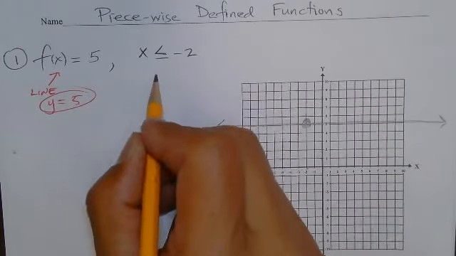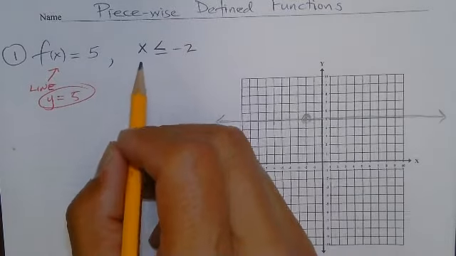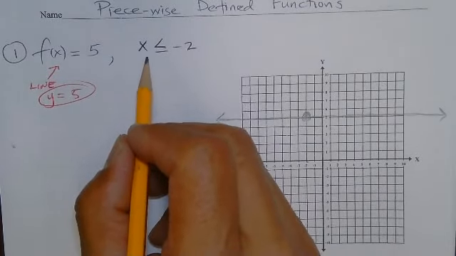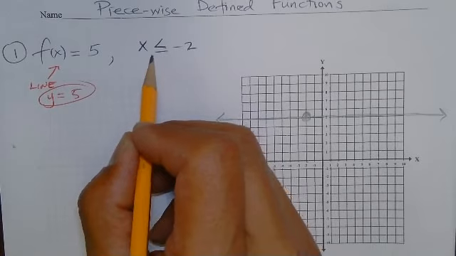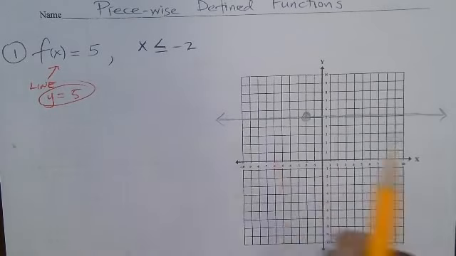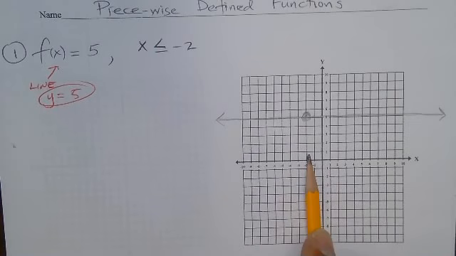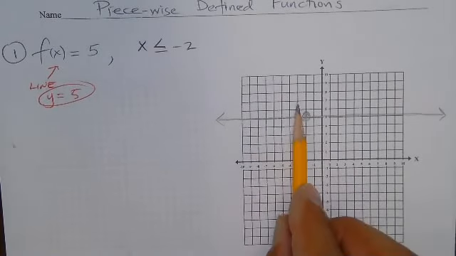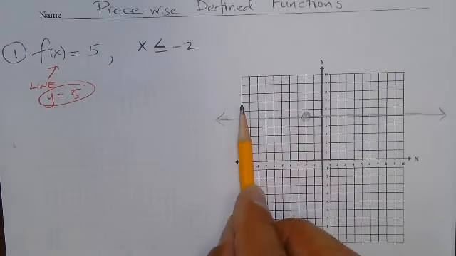Well, you have to know how to read this. This is saying I want x equal to negative 2, because of the equal sign, and all numbers on x that are less than negative 2: negative 3, negative 4, negative 5, negative 6. I only want to see this side.